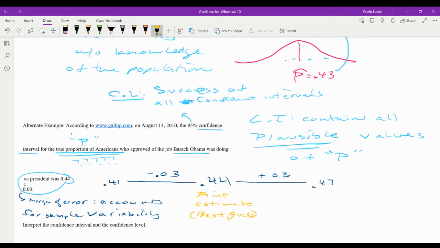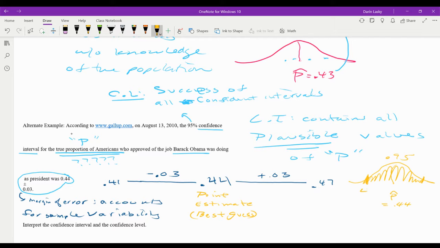And remember, this best guess would have come from some sort of a sample distribution where p hat would have been equal to 0.44. And then our area in between here is 0.95.